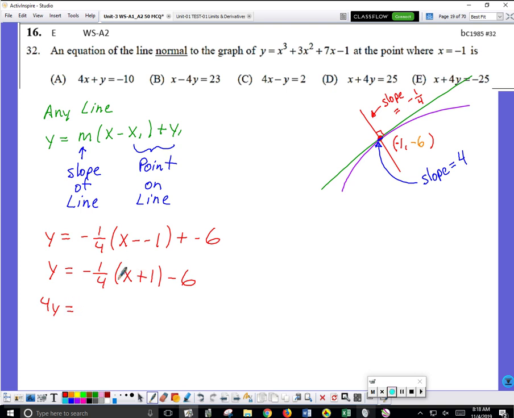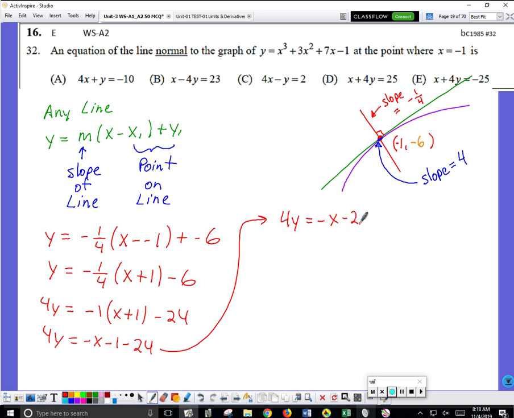When I multiply this by 4, this will still be -1. So then we distribute. So then we get 4y -x minus 25. We move the x, and you end up with the answer.